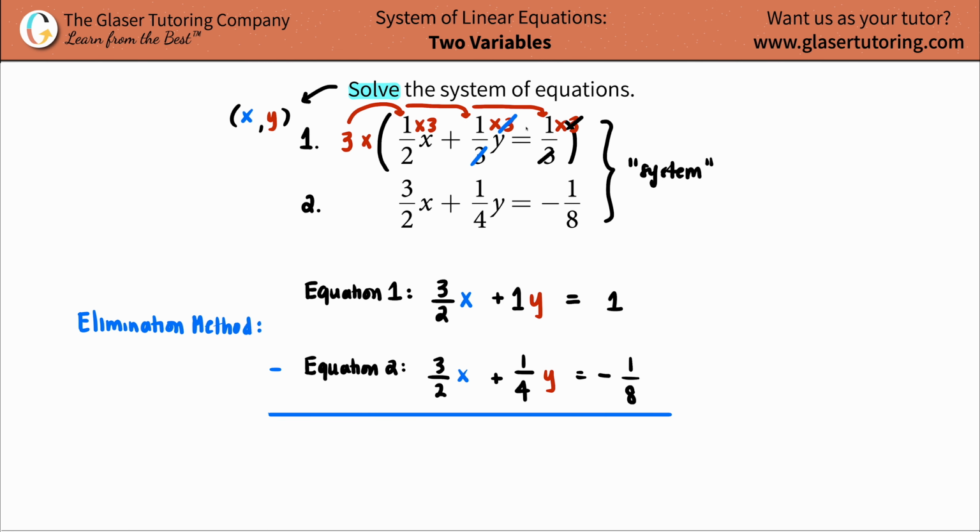So 3 over 2x minus 3 over 2x, that goes bye-bye. You do not have the x variable anymore. So that's beautiful because now we only work with the y's. Now in this case, I like to think of a pizza pie with your fractions. You could use your calculator if you need to. But just think that you have one whole pizza and you take away a 1/4.